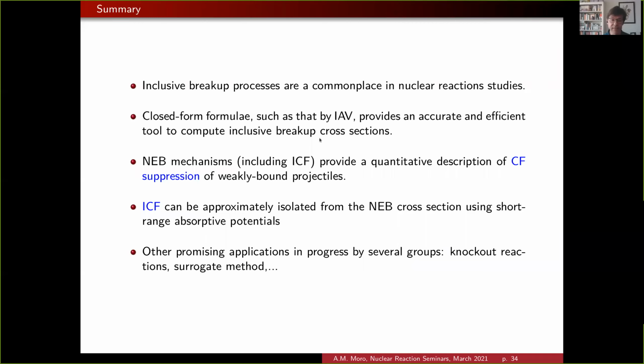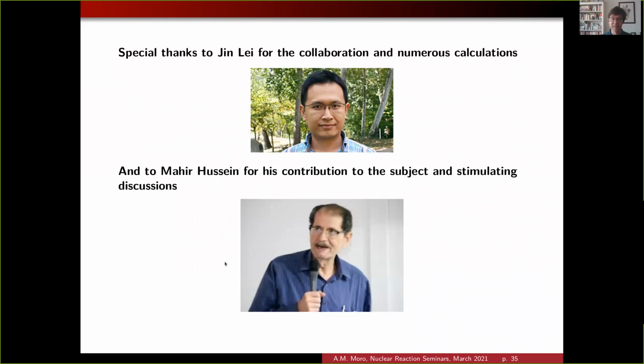And also we can apply this to some related problems like the complete fusion suppression or incomplete fusion suppression, and there are some other applications that I didn't have the time to show, for example, knockout reactions or the surrogate method.